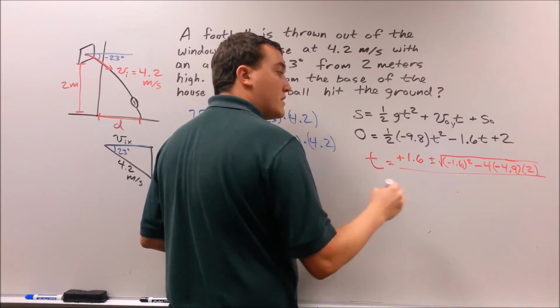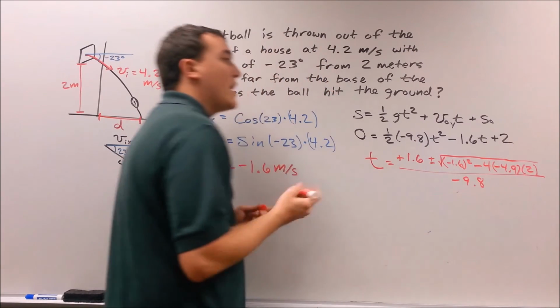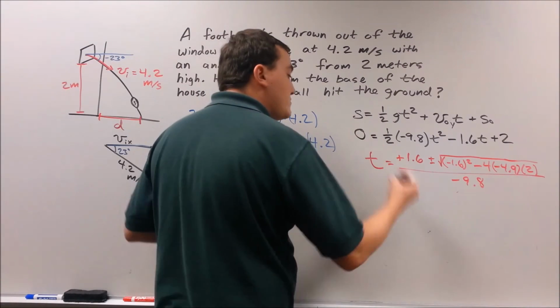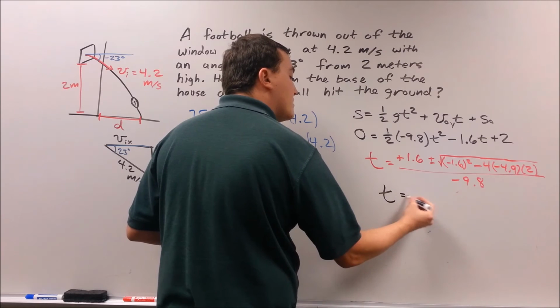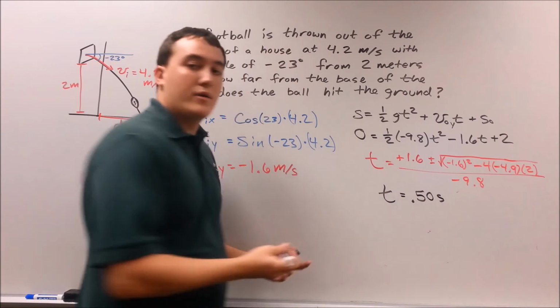So 2 times negative 4.9 ends up being negative 9.8. And we only want our positive answer from that. So once we do all the work, we get a time of 0.50 seconds after rounding to sig figs.